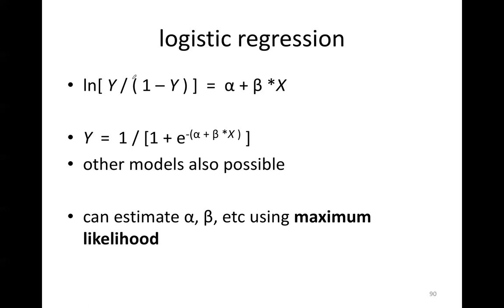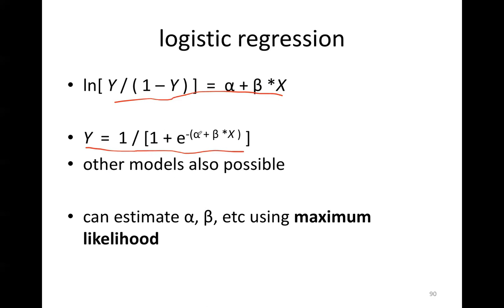And the response, again, as we said, is the log odds of success. And once you define this relationship, you can also rewrite it as y being a function of x, involving this exponential term.